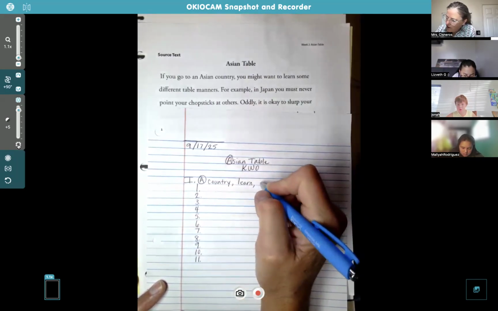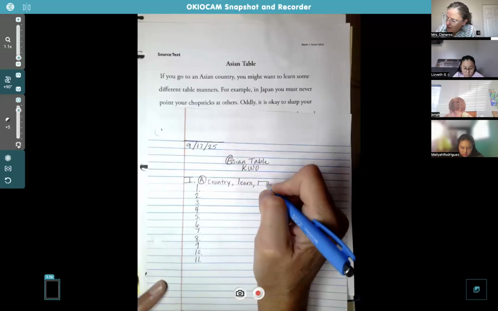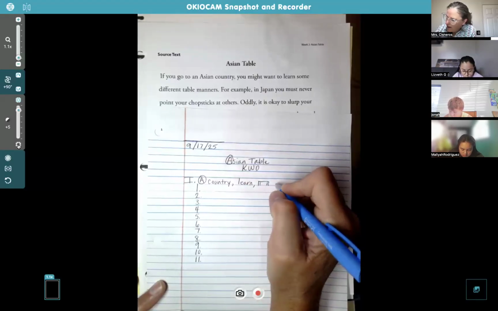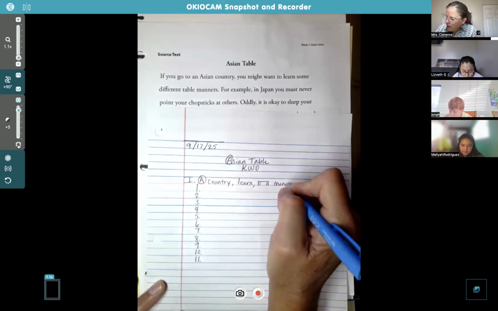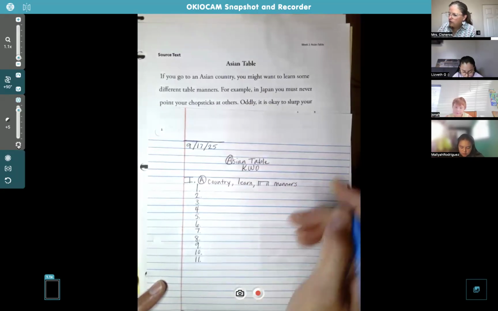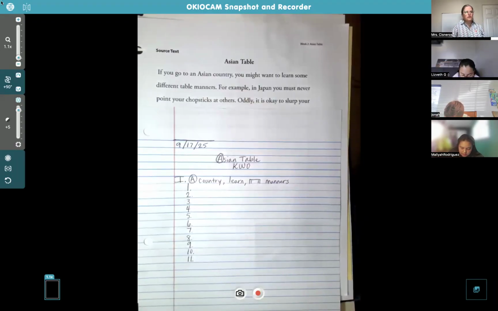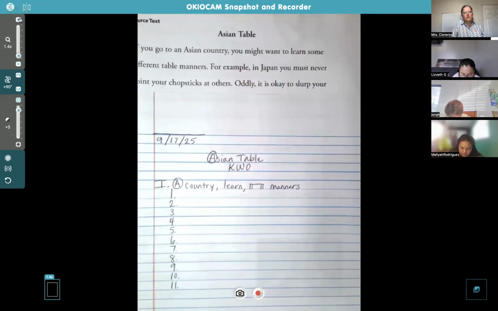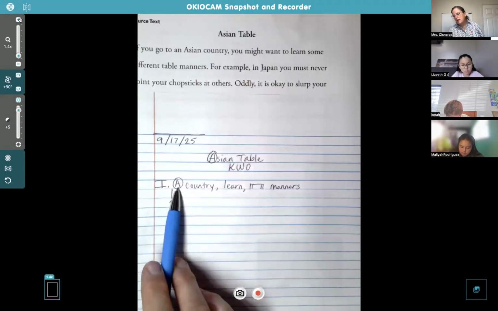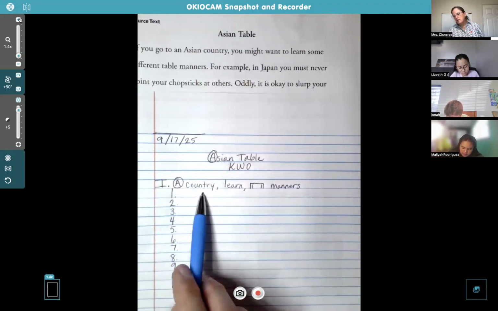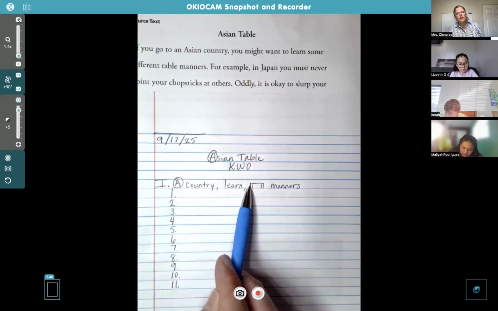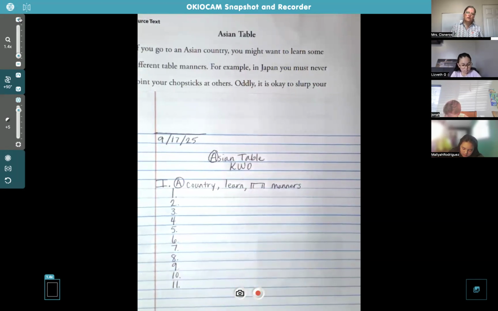And then I'm going to draw a little table actually on my outline here. Draw a little table and then manners. Remember how we do this? So we can use only 3 words, but you can use symbols or numbers or abbreviations for free. So I use the A for Asian, country, learn, and then table, and then manners.